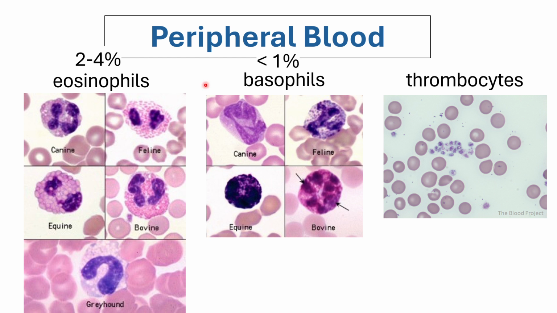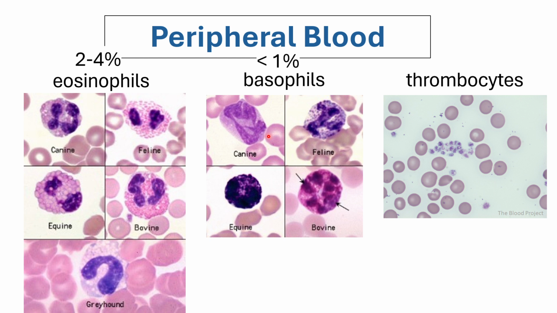Finally, we have these three. We have your eosinophils, your basophils, and your thrombocytes, aka your platelets. For the eosinophils, they are more numerous than your basophils. The commonality between these two is that they have granules. The only difference is that the eosinophils have pink granules, while your basophils have bluish to violet-ish colored granules.